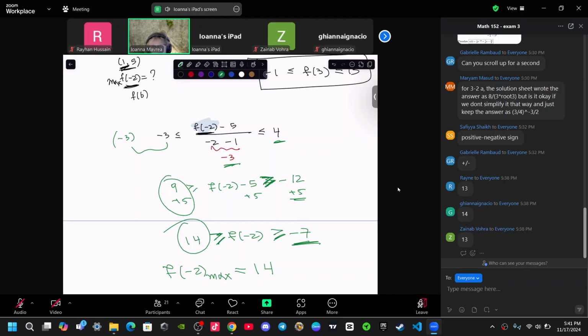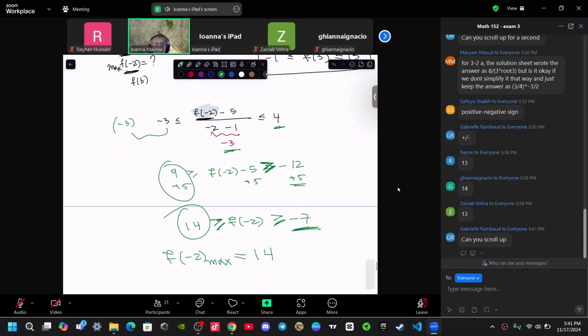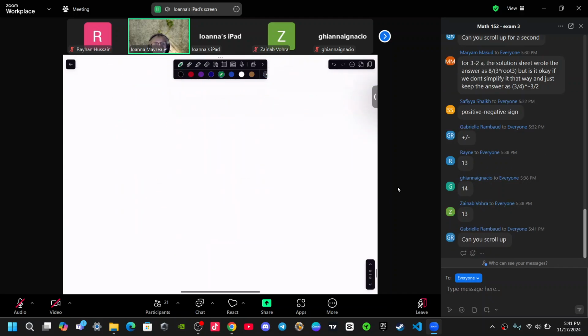Okay, so that's a standard, nice little problem in an exam. So what was the other one? 11. Okay, so let's do 11. So we have a box.